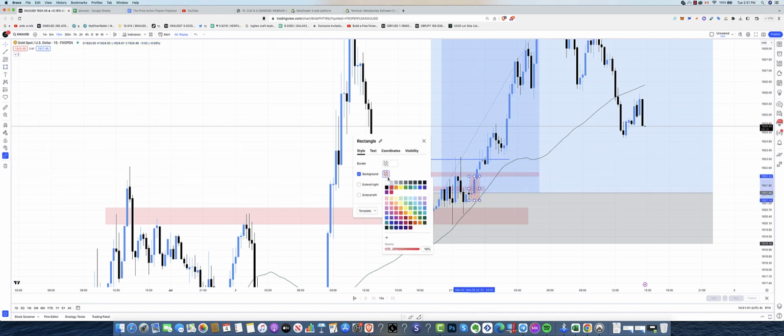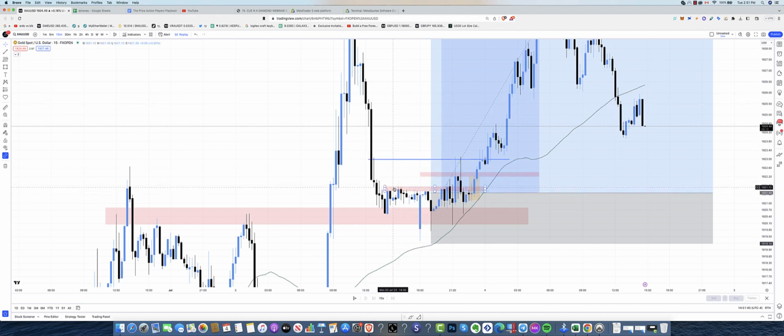This would have been the best area to enter because you broke over this resistance. That gives more confirmation that the trade's actually going to go your way. We entered on this candle right here.